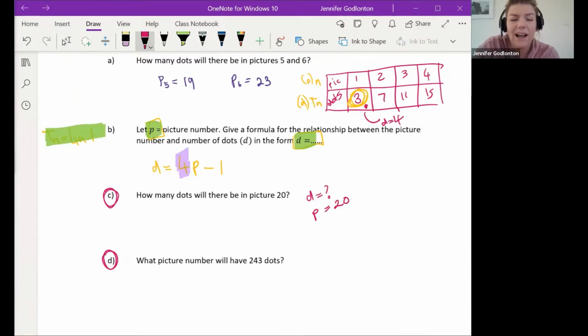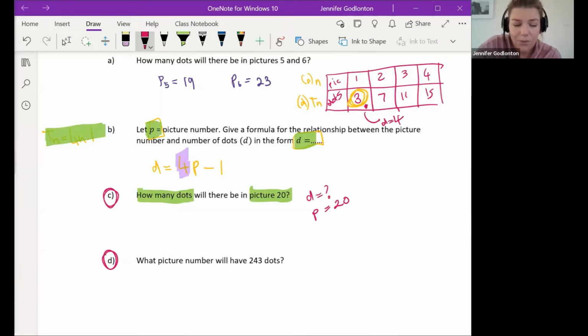I call this my grocery list. When I read through questions and I get given information, I like to write a list of what I'm looking for and what I have. So this is telling me how many dots, which means we don't know how many dots there are. And picture 20, we know that P is 20. So I find grocery lists are very helpful because they give us direction on where to go.